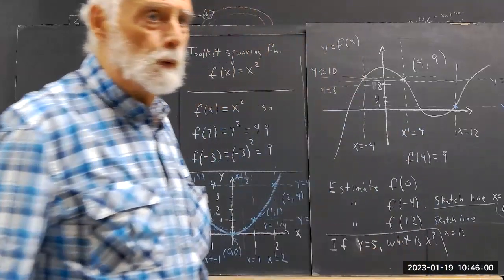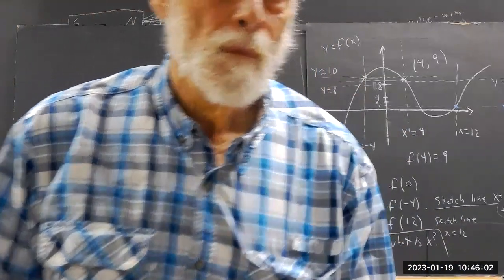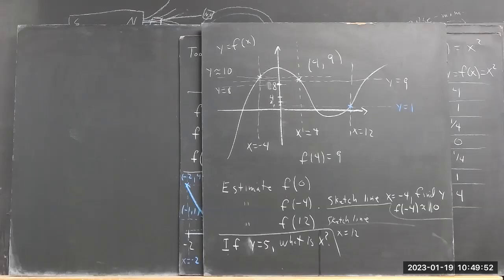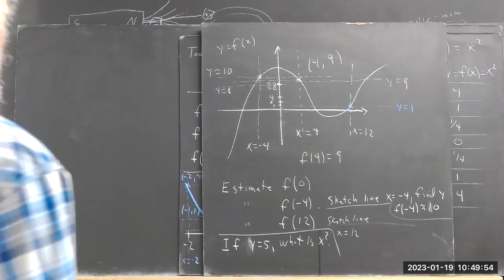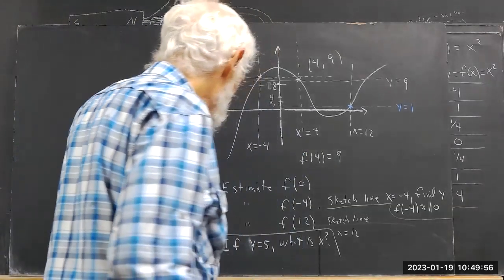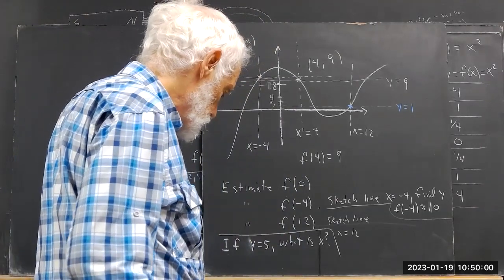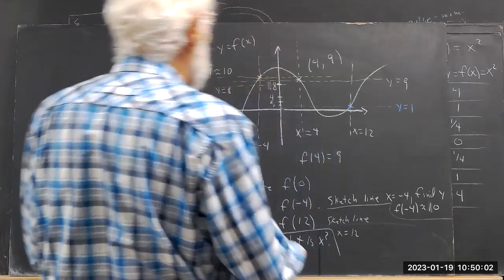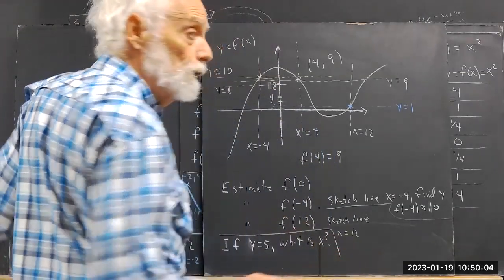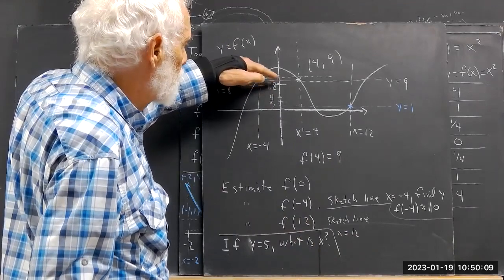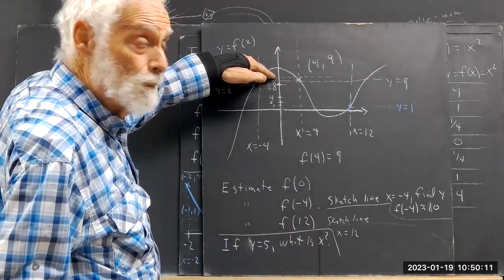If y equals 5, what is x? Okay, to get the value of x when y equals 5, and where's my yellow stuff? That little tiny piece, I can handle it. Okay, where's y equals 5? Well, here's where y equals 8, here's where y equals 9, here's where y equals 10, right?